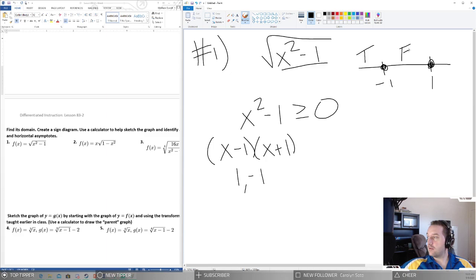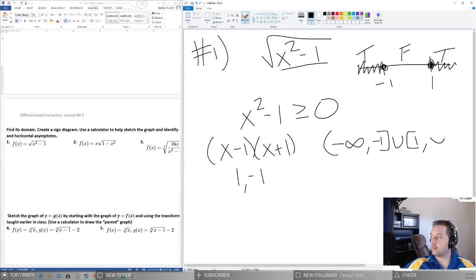And then if I plug in a value like 2, 2 squared is 4, 4 minus 1, that's going to be 3. 3 is greater than 0, so that's true. So this value right here, that's what's going to be true. And so my answer is going to be from negative infinity to negative 1, union from 1 to infinity. And that's going to be my answer.